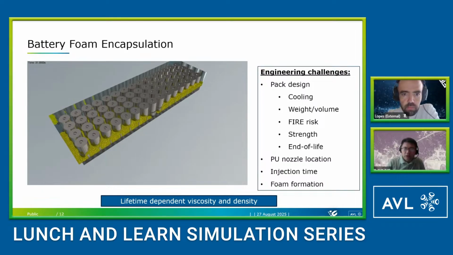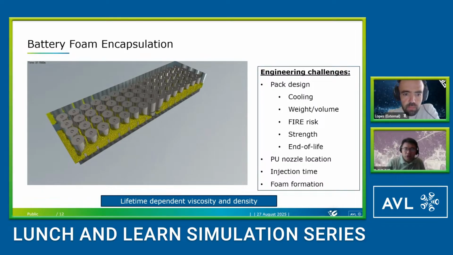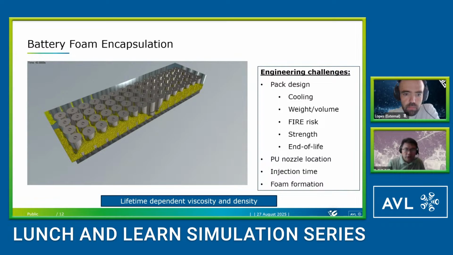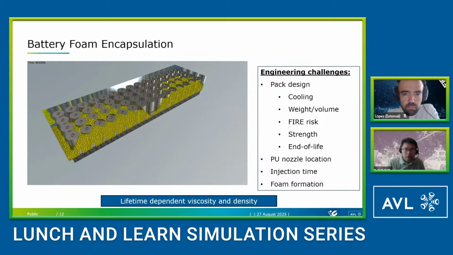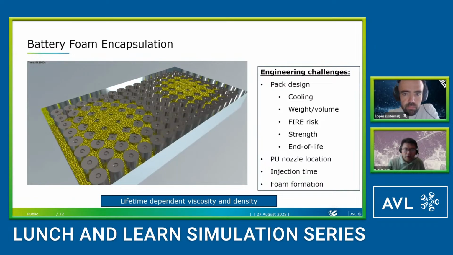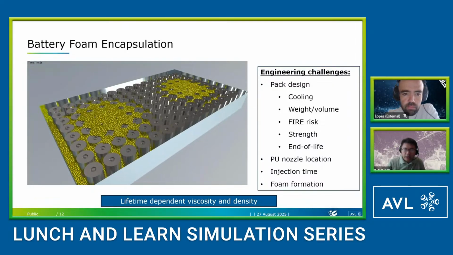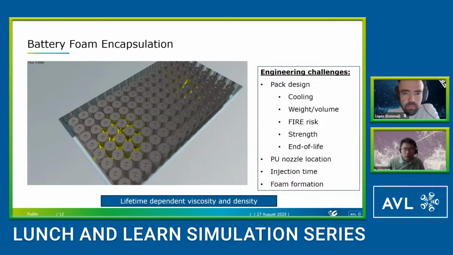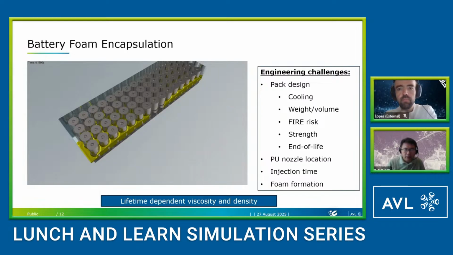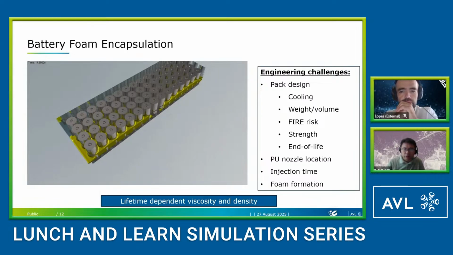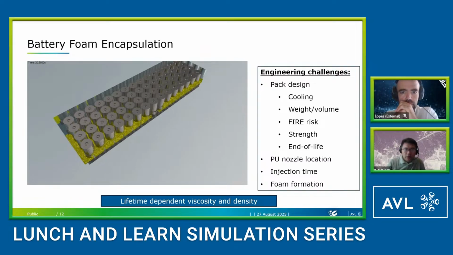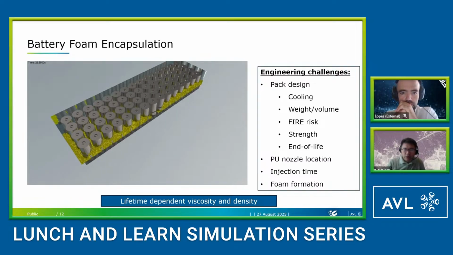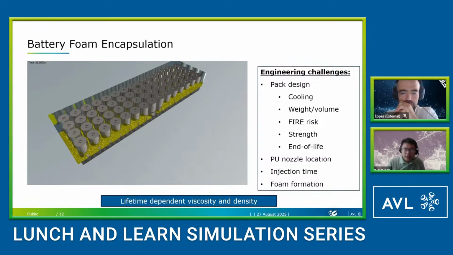So in this manufacturing process, we need to manage the nozzle location and how many nozzles we want to put in, and then what's the injection time, and so on. Also, this foam expands and its viscosity changes with time. So predicting its behavior is really complicated.